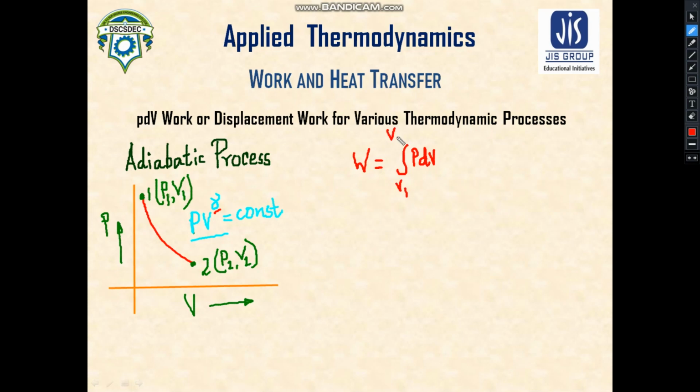The initial volume and the final volume. Now here you need to understand that there is a relationship like this. It is quite similar to the isothermal process, just the values change. So it will be P2 V2 to the power gamma.